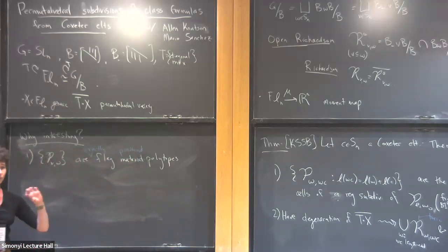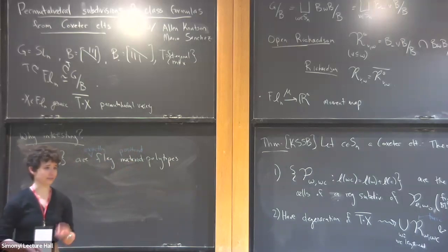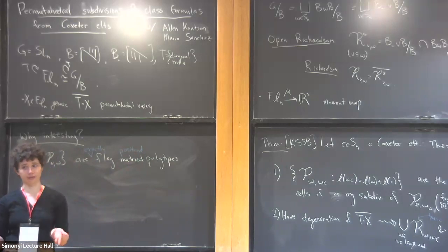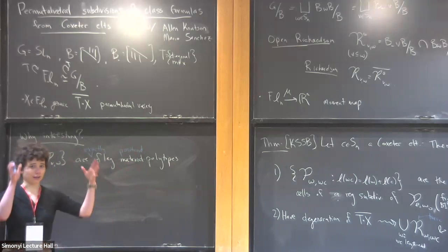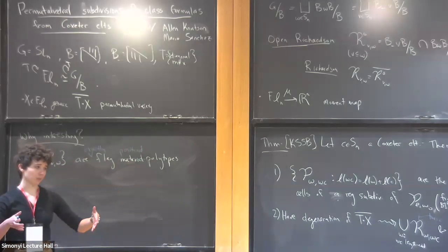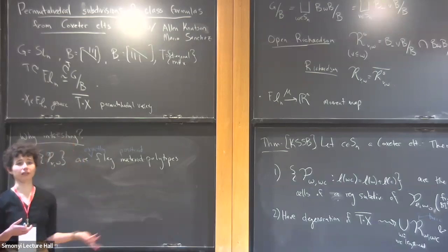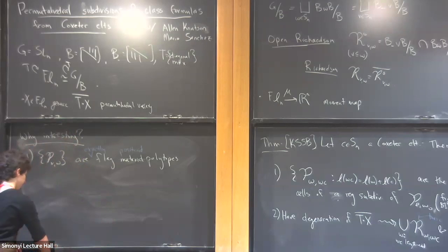Positroid here is the portmanteau of positive and matroid. It means that these flag matroids are positively realizable, so you can find a matrix with non-negative flag minors which realizes these flag matroids.